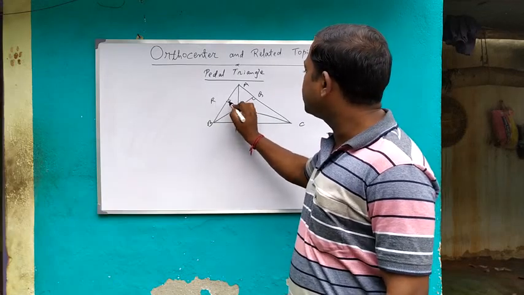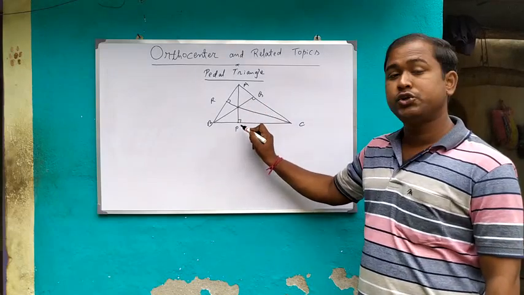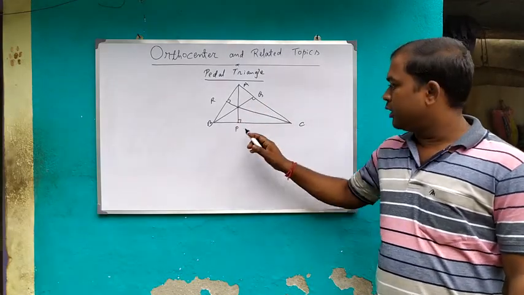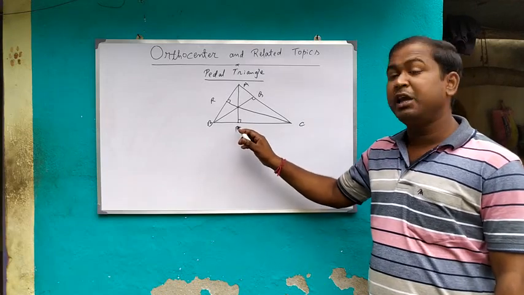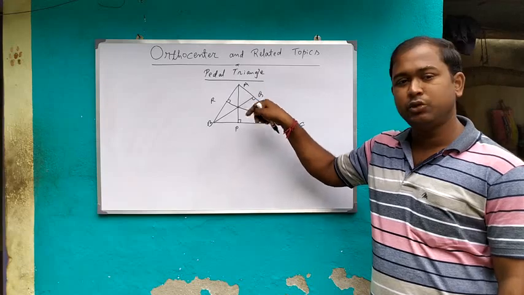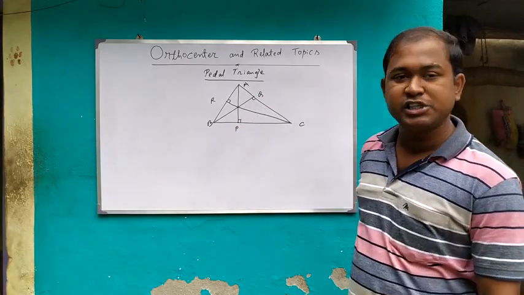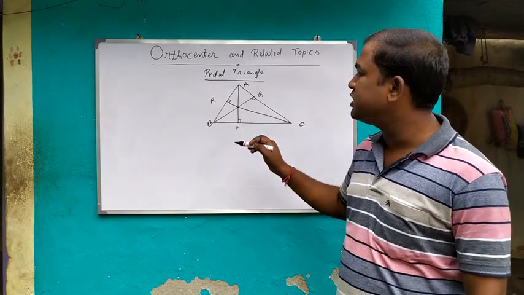The three altitudes. P is the foot of altitude AP on side BC. So try to understand what is P. The point P is the foot of altitude AP on side BC. Q is the foot of altitude BQ on side AC.